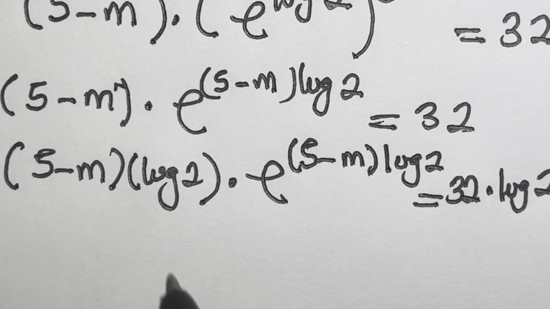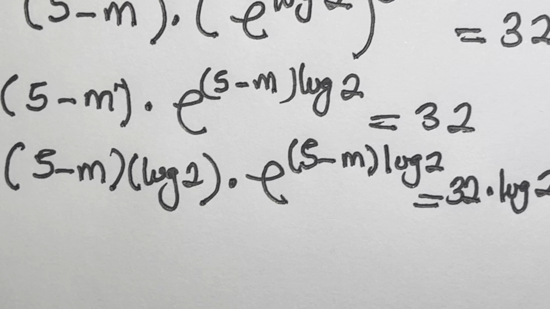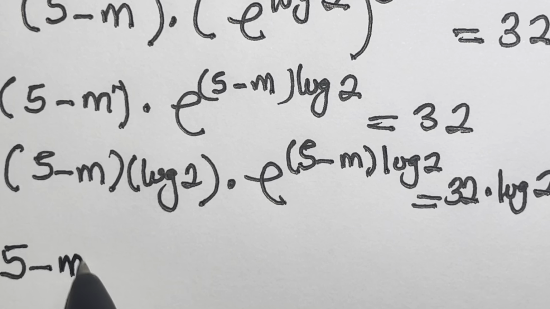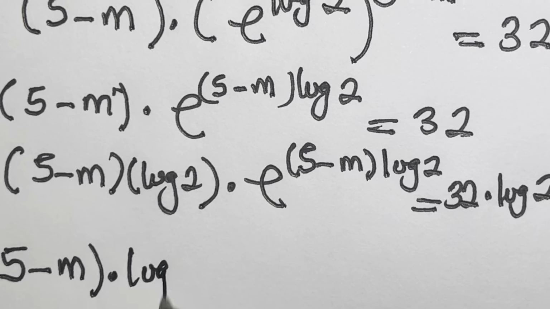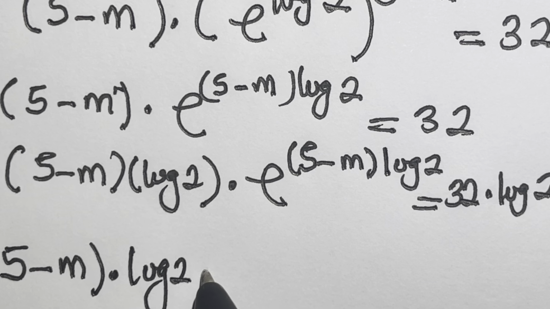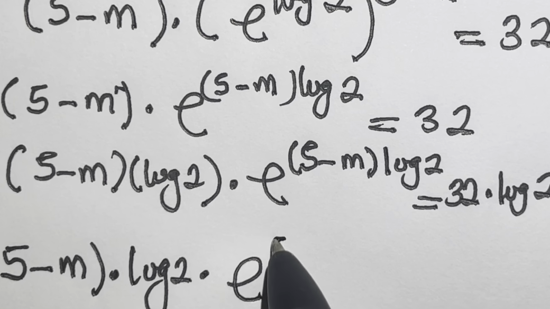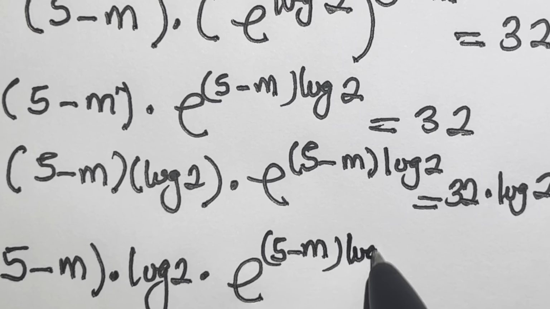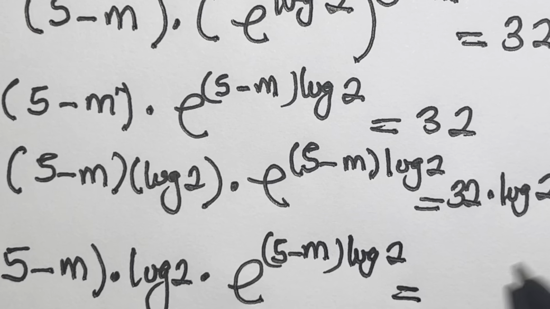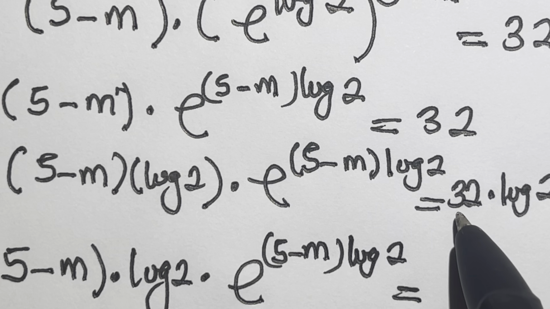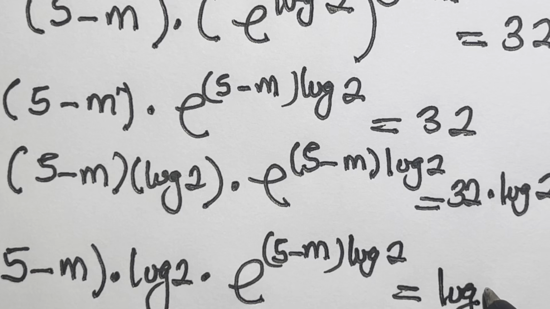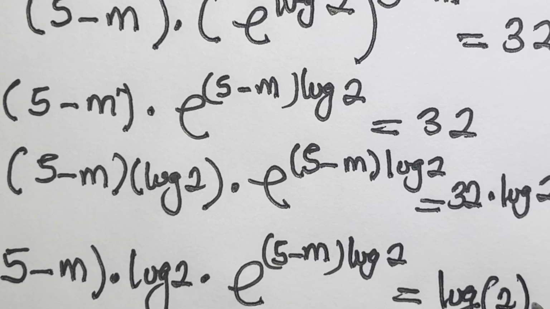From here, we will have 5 minus m times log 2 multiplied by exponential 5 minus m log 2 equals log 2 raised to power 32.